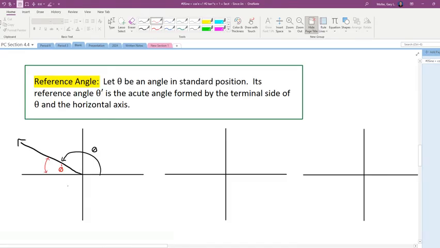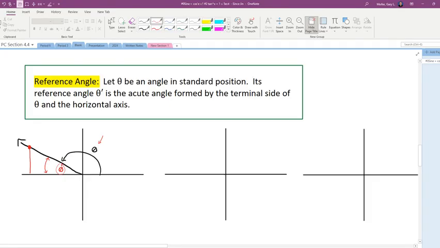So there's theta prime. And the reason that that's important is because, again, what we talked about just in the last problem, if we look at this right triangle formed over here in this quadrant with theta prime, that's how we're going to answer all the questions about the sine, cosine, tangent of theta, because they have the same xy coordinate right there, right?